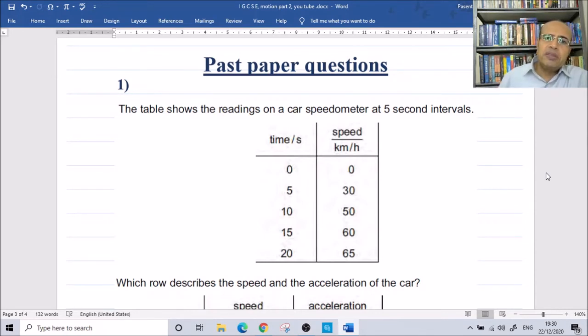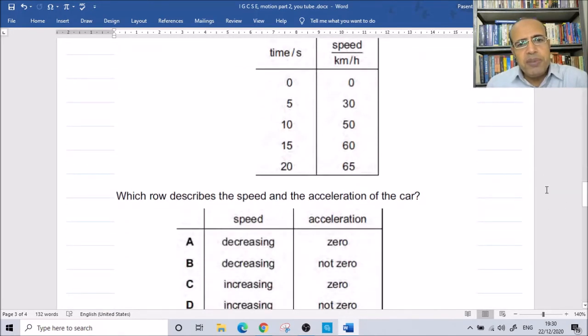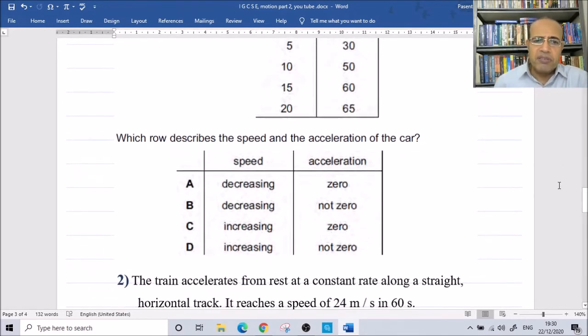So what do you notice? The speed increases. So if the speed increases, it means change in velocity, so it means acceleration. So which row describes the speed? The speed increases, and the velocity is not 0. We have velocity. So the answer is D.